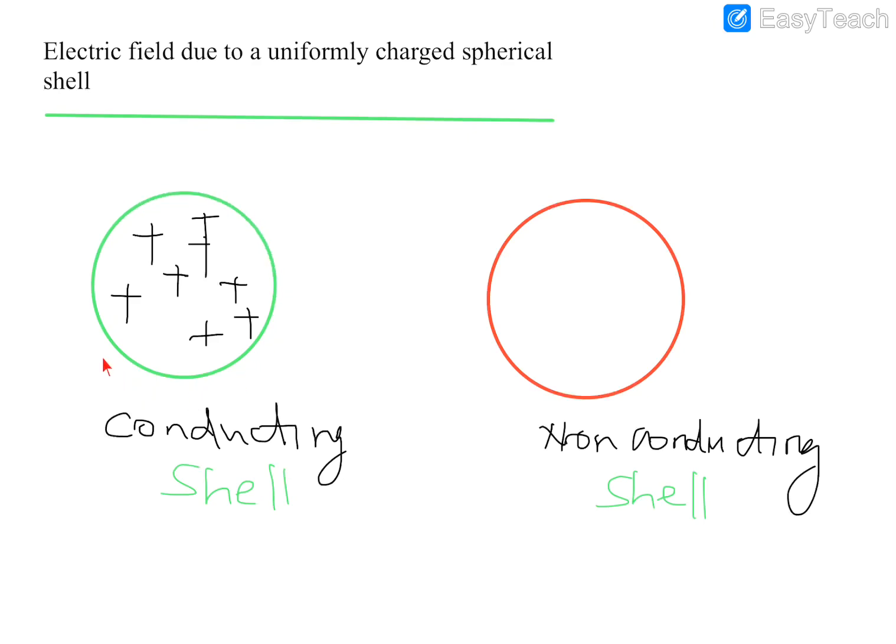In the case of a conducting shell, charges won't reside inside the shell, they will move on to the surface. For any conductor, charges will not come inside, they will move on to the surface. In the case of a conductor, charges will reside on the surface of the conductor.